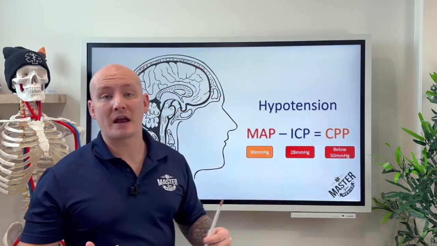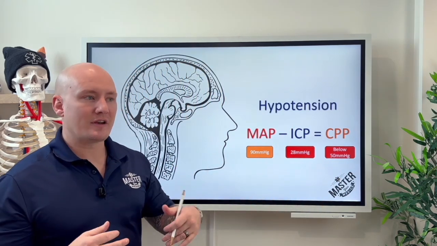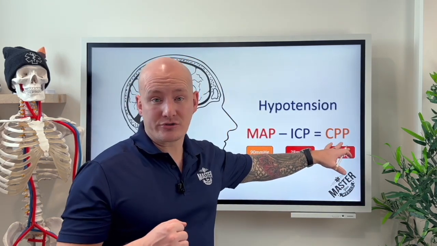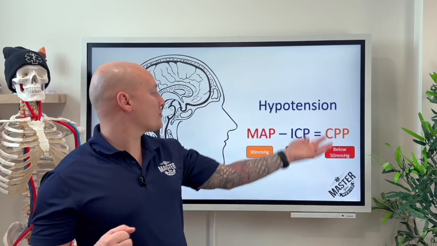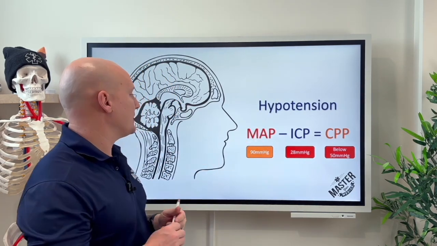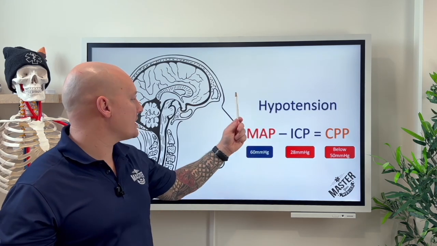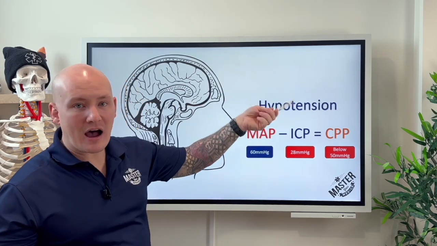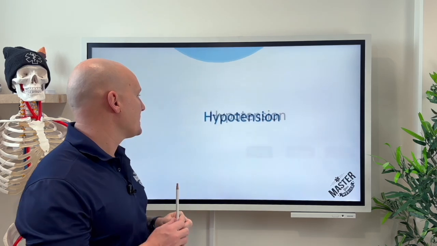It's very, very stringent on this, and it actually will start to compensate very rapidly against this because it wants to oxygenate the brain. So when you have an increase in ICP, your MAP is going to compensate. And so we're going to increase our MAP all the way as high as we possibly can. And by increasing that MAP as high as we possibly can, that's what gives you your extreme hypertension.